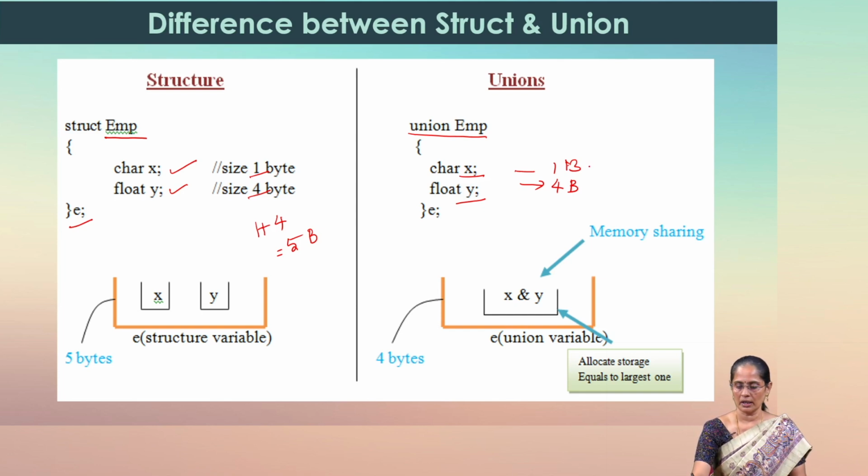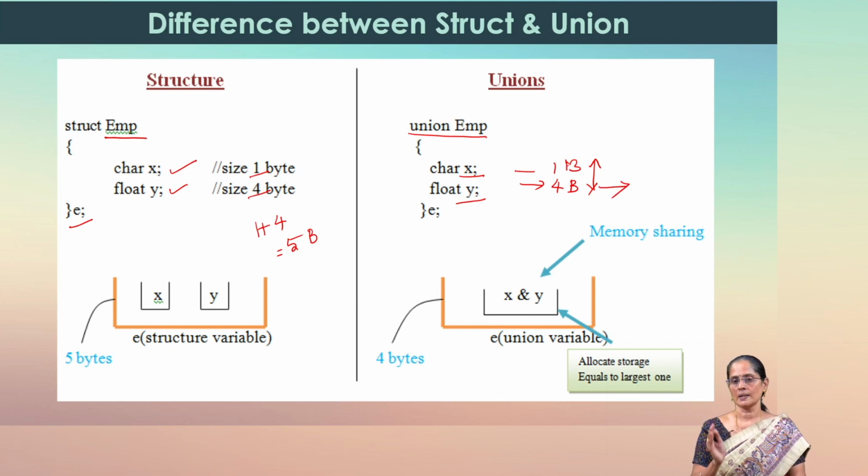According to the given example, there are two members of 1 byte and 4 bytes, so the member with 4 bytes will be chosen as the one which requires larger storage space.